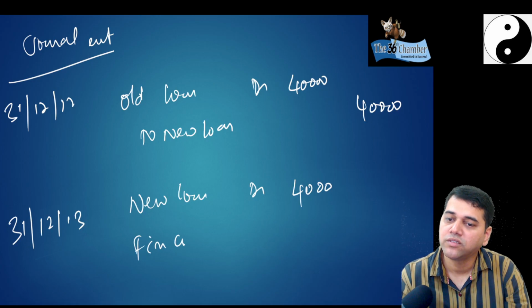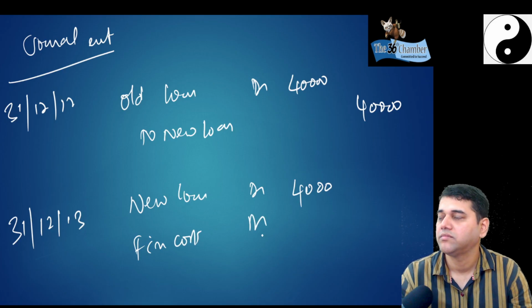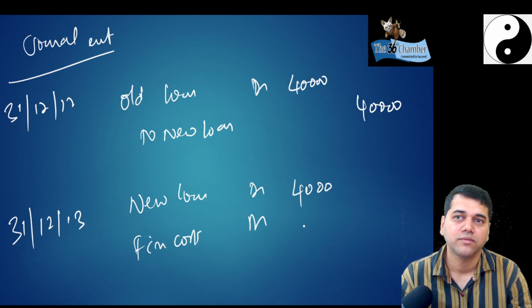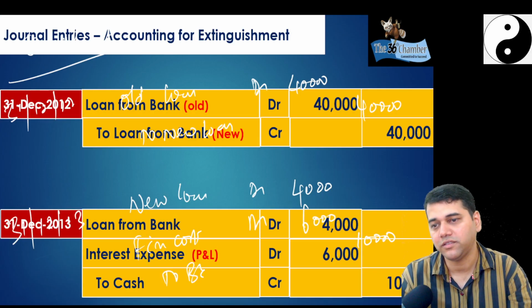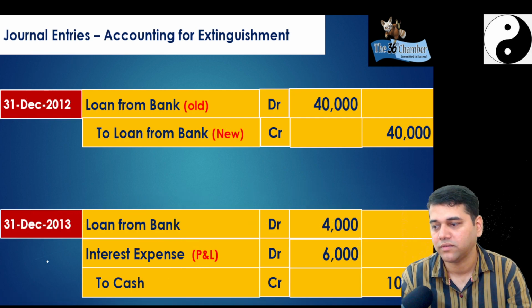Finance cost, how much? 6,000. We already calculated it. To bank, 10,000. That's it. Done. This is called modification accounting.